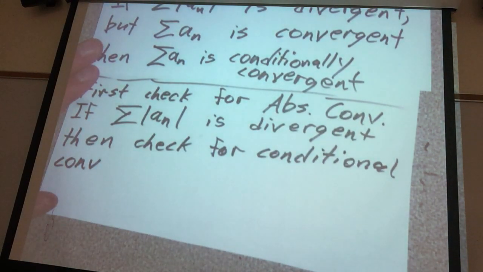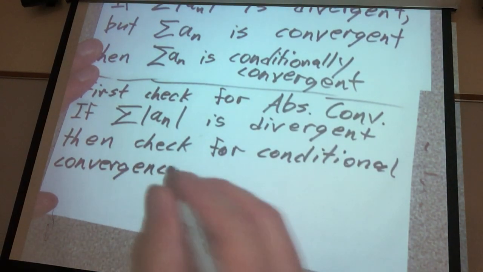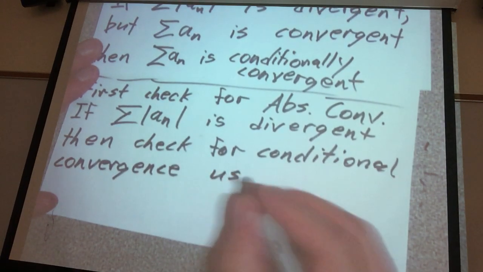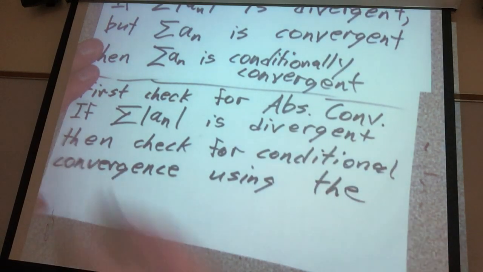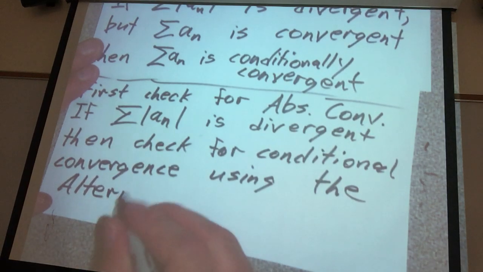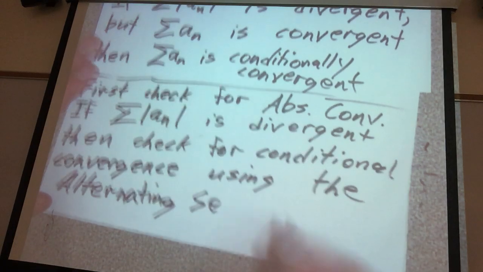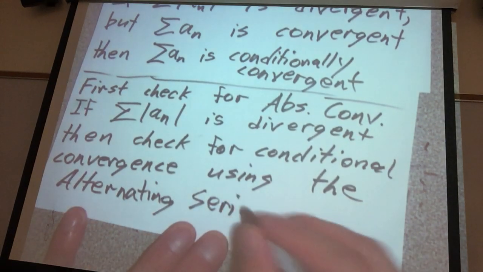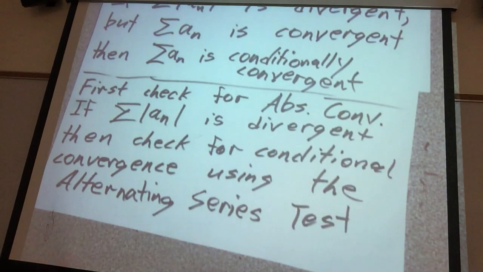And we're going to have another test for this, okay? And you're going to check for conditional convergence using the alternating series test. Okay? And so now we need to discuss what the alternating series test actually is.